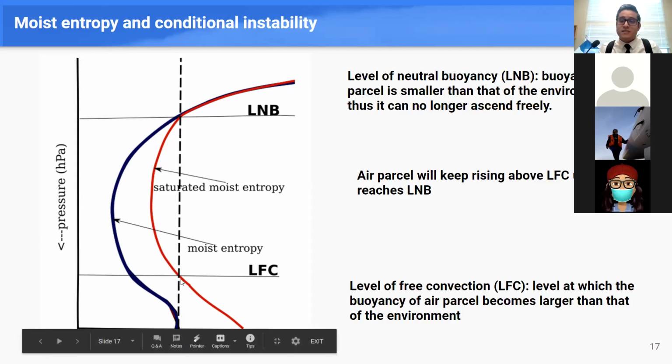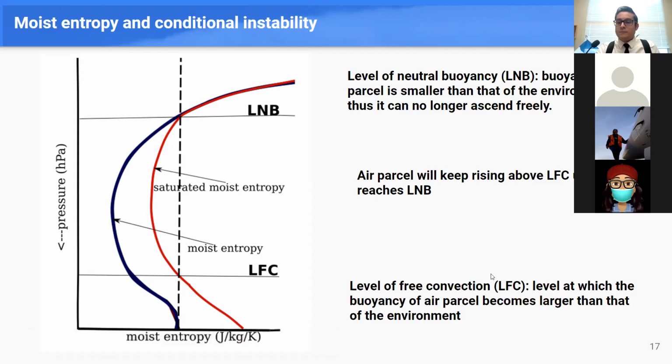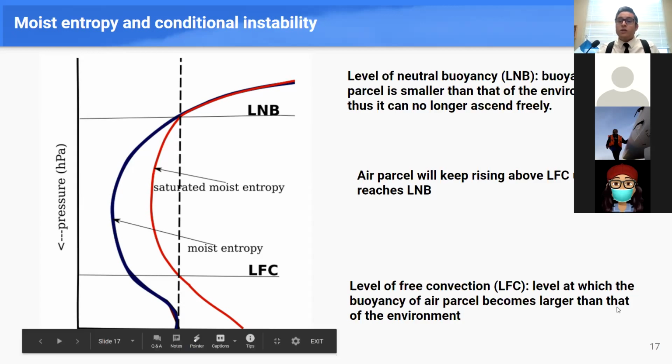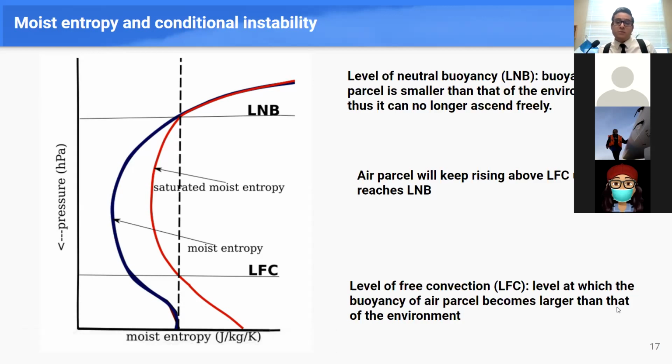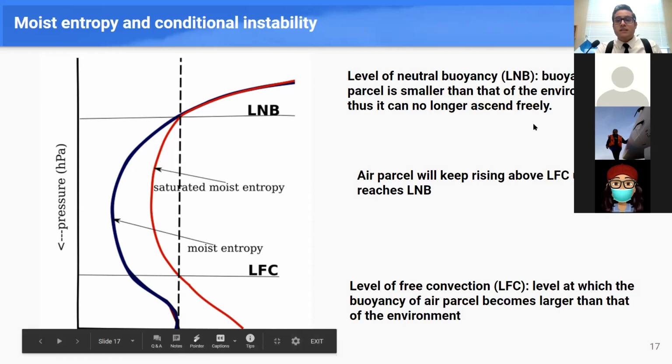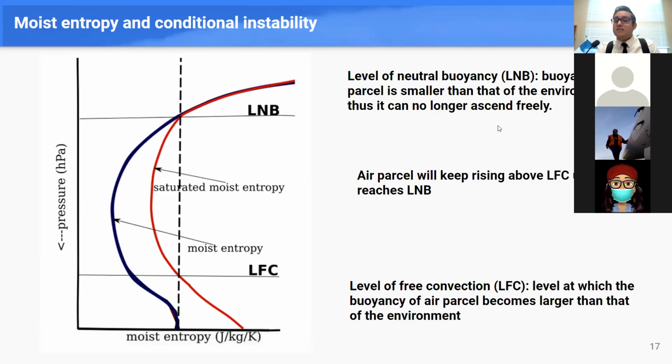And as it saturates, it reaches the level of free convection, where it will keep ascending because the buoyancy of the air parcel becomes larger than that of the environment. It will keep ascending until its buoyancy runs out, which is the level of neutral buoyancy, where the buoyancy of the parcel is smaller than that of the environment, thus it can no longer ascend freely. So this is the idealized model.